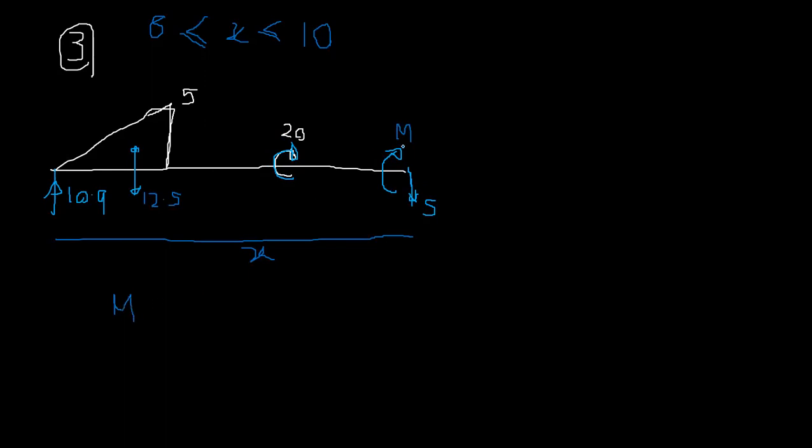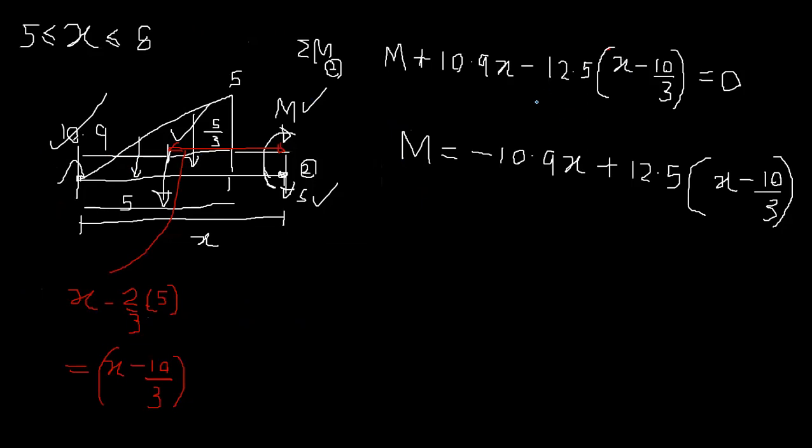So the clockwise bending moment, sigma M around this third point, third cut. So that's going to be M plus 10.9 into x clockwise. This is going to be an anti-clockwise 12.5. So it's going to be x minus this distance, right? Again, the same length. X minus 10 over 3.